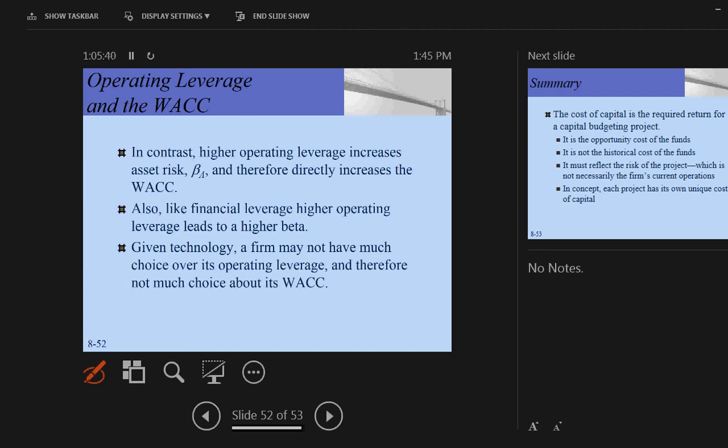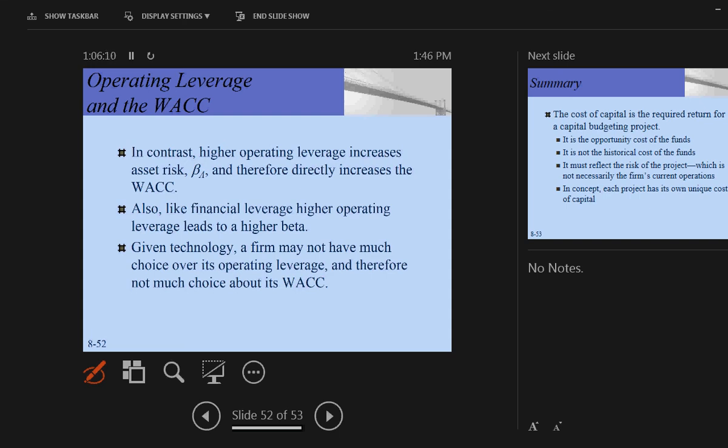So think about the channels. The reason why operating leverage increases stock beta is because it increases asset beta. The reason why financial leverage increases stock beta is because it impacts the risk associated with cash flows of stockholders. They are different channels, but they have similar impacts on stock beta. That's very important.